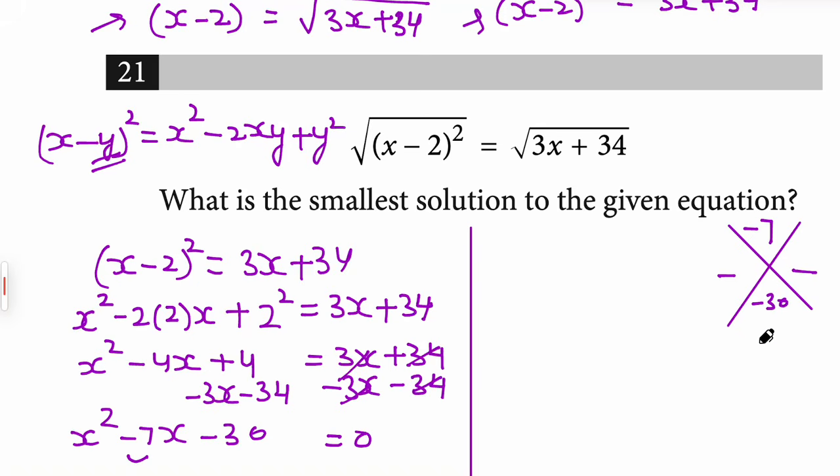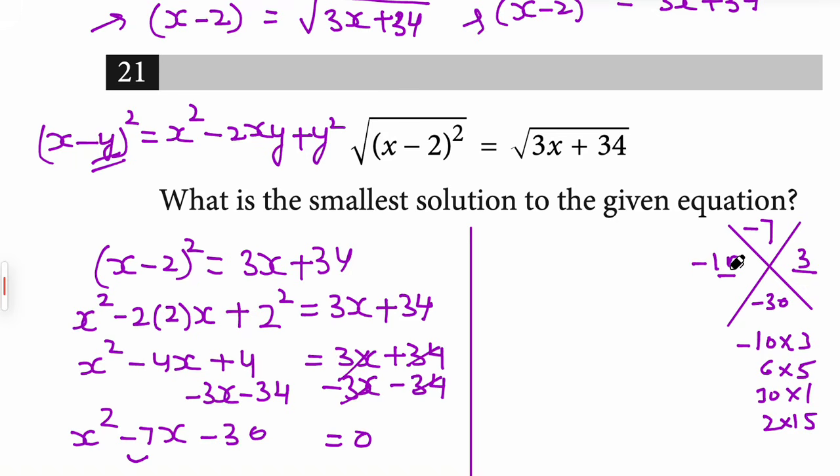There can be many combinations like 10 times 3, or 6 times 5, or 30 times 1, or 2 times 15. But if we see, negative 10 and positive 3, we have to select the one which is suitable for both.